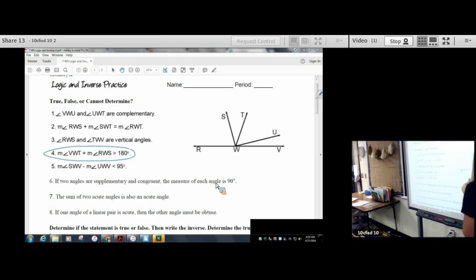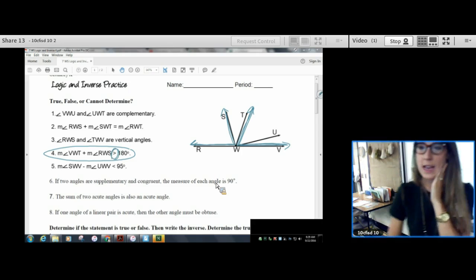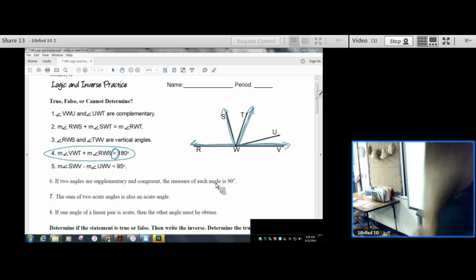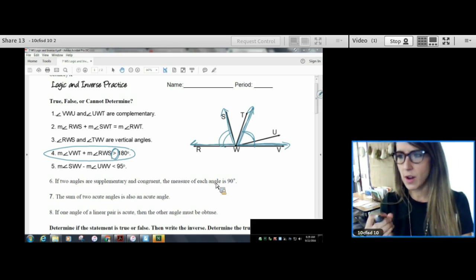VWT, sometimes it helps to have highlighters, but you have to use this diagram over and over, don't you? Plus RWS is greater than 180. You add this angle together with this angle, and your answer is greater than 180.